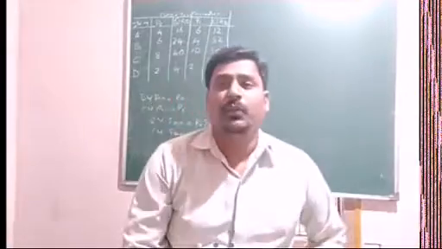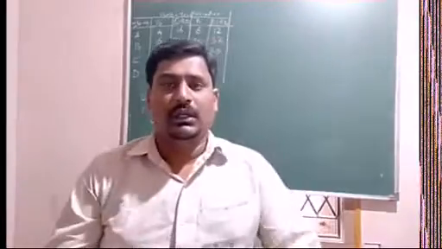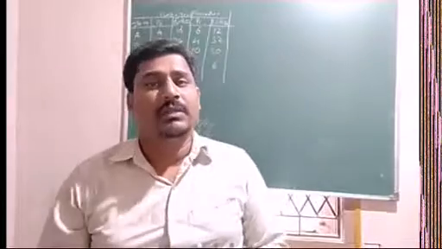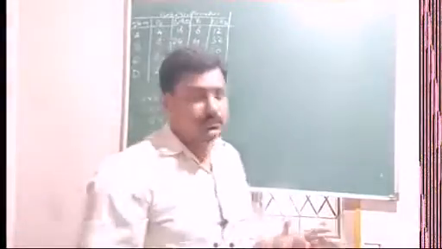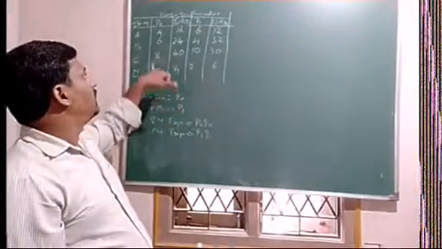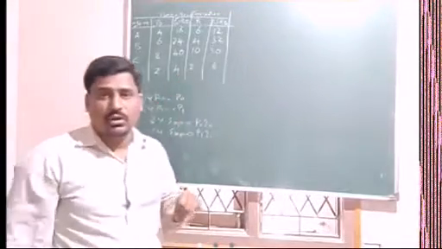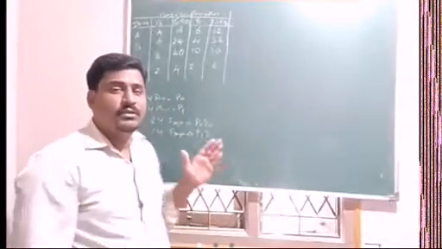To find any index number here, we have to get Q naught and Q1 first. For Laspeyres index number, we need one more column, along with P naught Q naught, we need the P1 Q naught column. For that reason, we need to find Q naught.